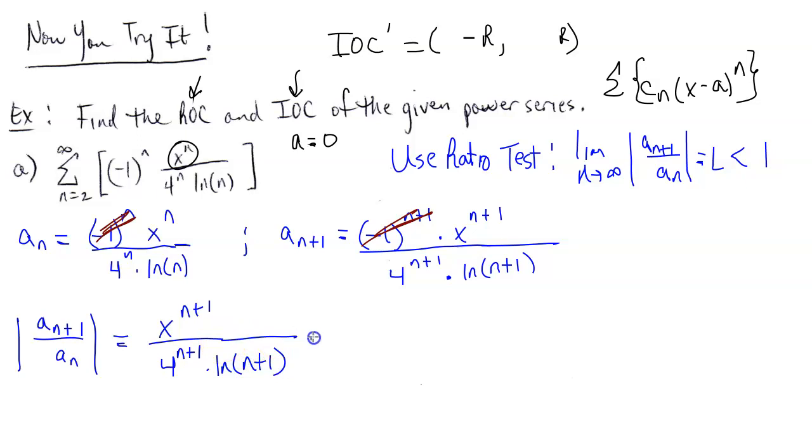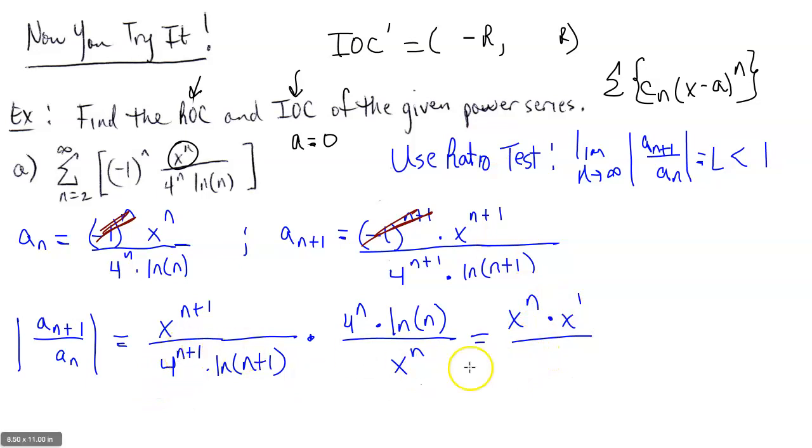And we're going to multiply that times the reciprocal of a sub n here. So that's just going to be 4 raised to the n times natural log of n, all that over x raised to the n. Okay. Now, note that this x raised to the n plus 1 here, we can rewrite that as x raised to the n times x raised to the 1, which will just be x.